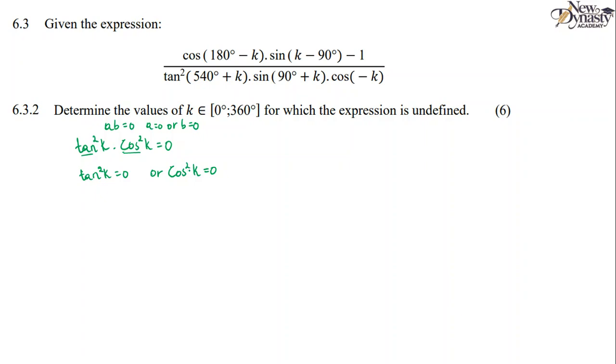It looks like those general solutions. So from there you find the value of k. For tan, 0 is going to be 0, so your k here is going to be equal to 0, that is 0 degrees. Then for cos, you can just use the second function of cos.